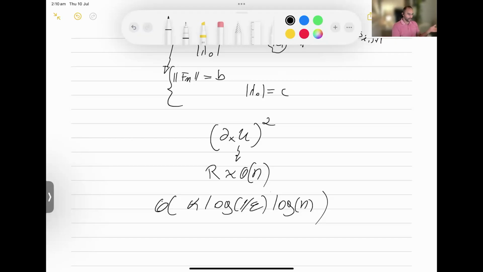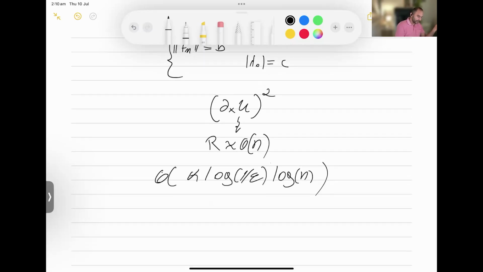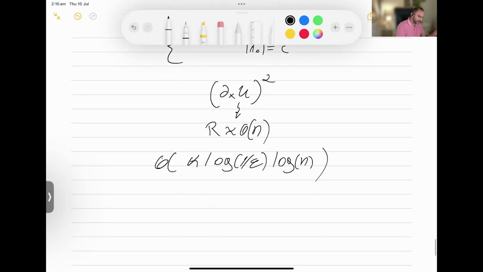So the vector size n gives you log n. But then the question is, when is it actually going to be good for me to solve that? Because you have classical solvers. So let me go back to the ODE.